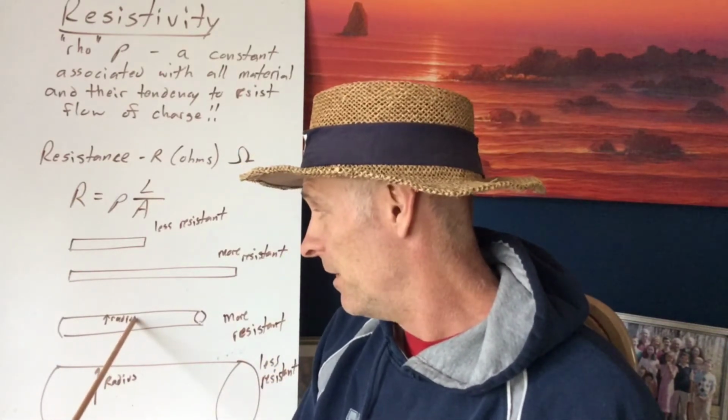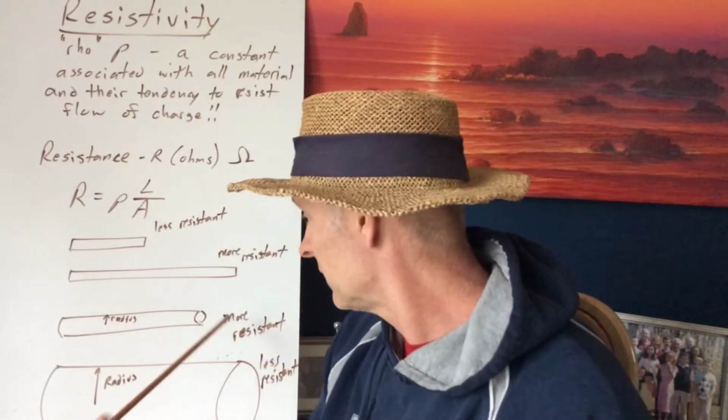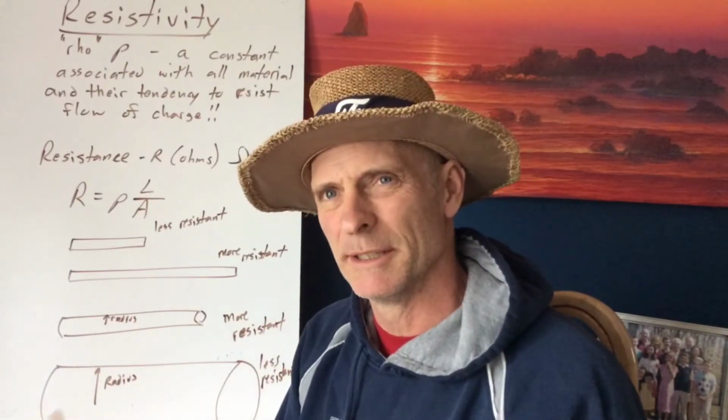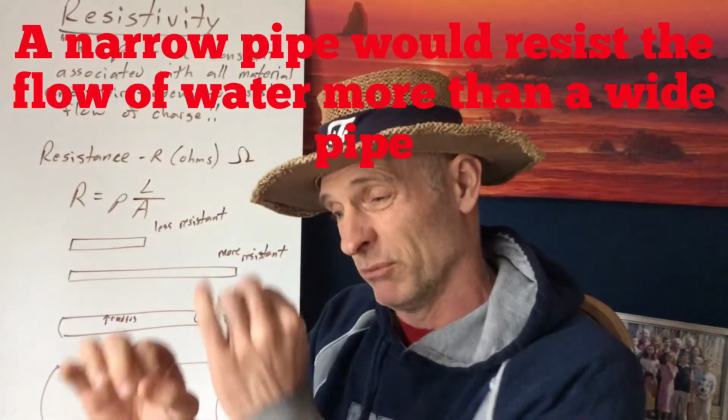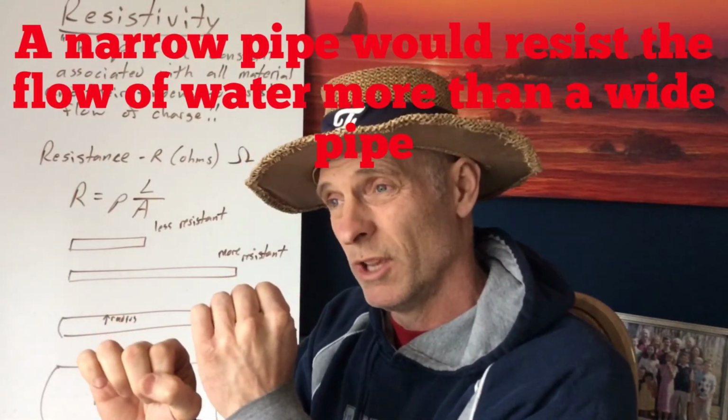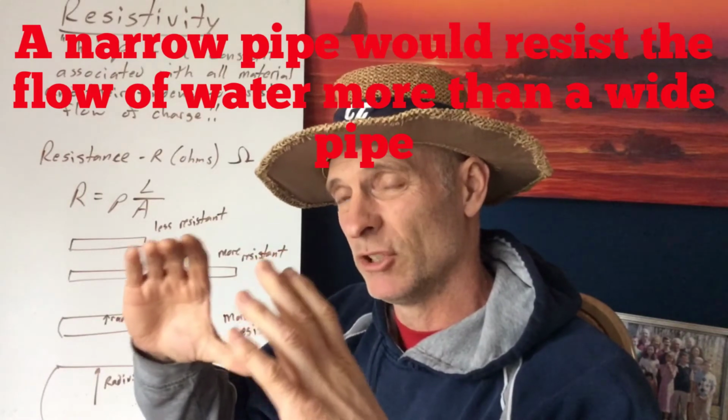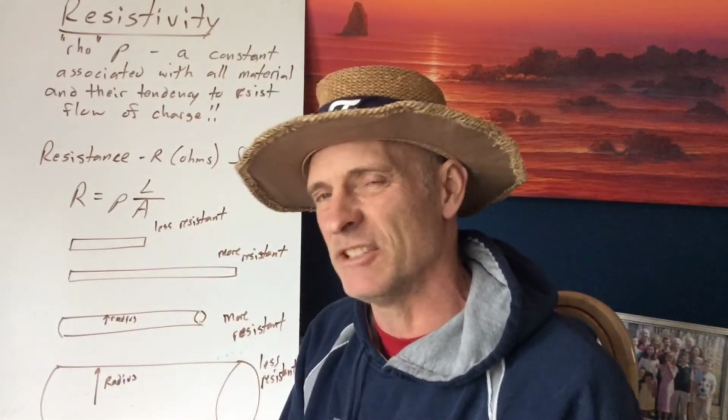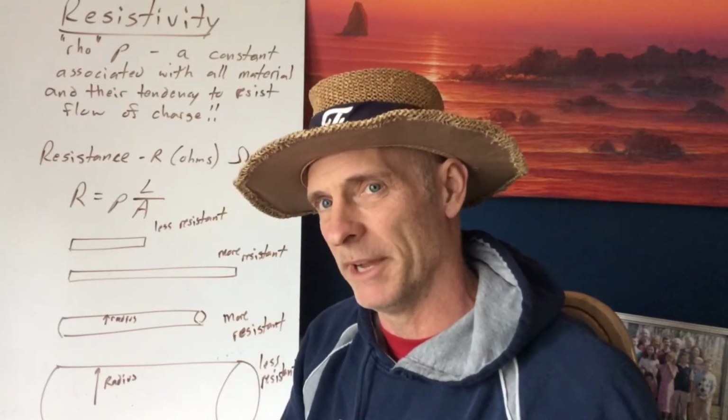Conversely, this item with its small radius would be more resistant. Think of a pipe, and it would be hard to get the water to go through a pipe that was really thin, or a hose. But if you had a much bigger radius, a much greater area, it would be easier for water to flow through that pipe.